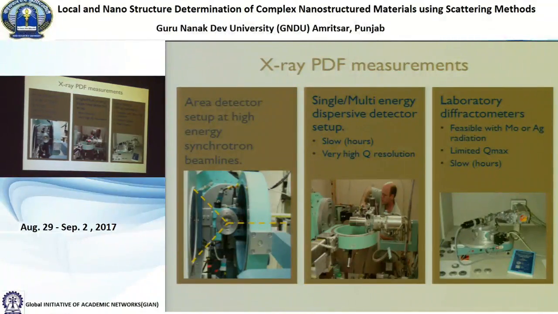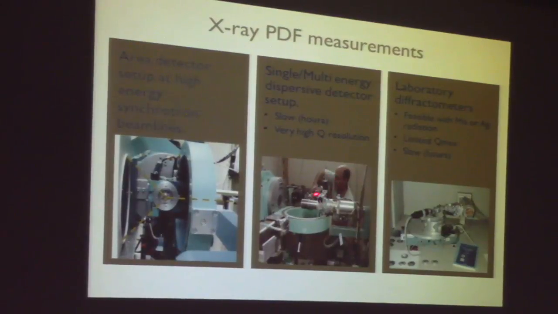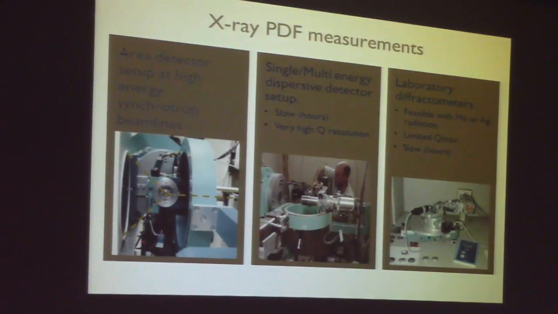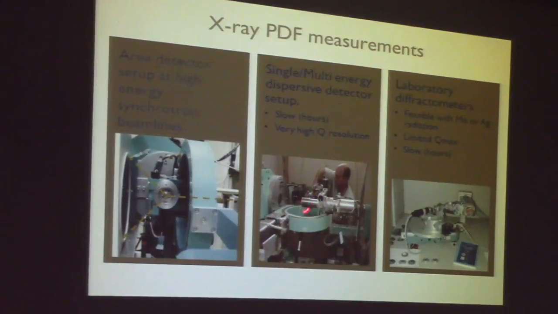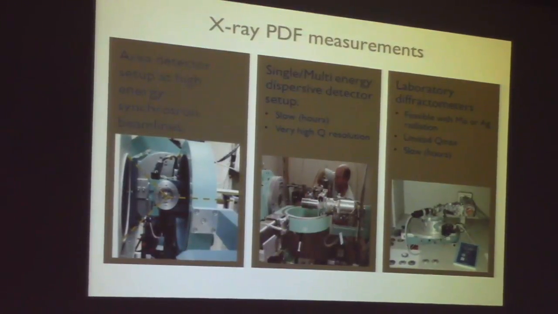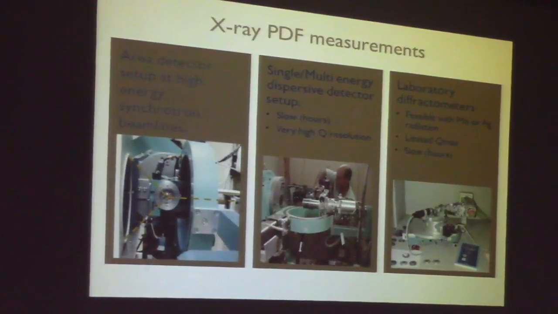We did it with this setup at CHESS, which is the synchrotron at Cornell, in New York, in the US. We wanted to suppress the thermal motion of the atoms, so we cooled the sample to very low temperature. This has a beryllium window on it. Beryllium is a very low atomic number metal, and it's very penetrating to X-rays. And so the sample is sitting inside here.